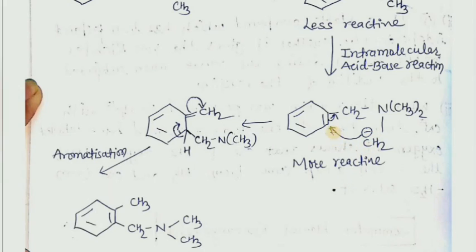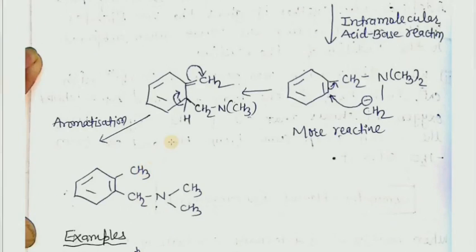This negatively charged species will attack as a nucleophile at the ortho position to this CS2. After the attachment between these two, one bond is formed between the ring carbon and this CS2.